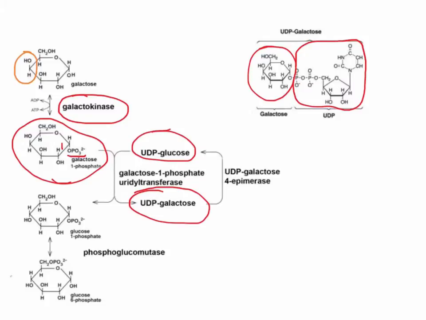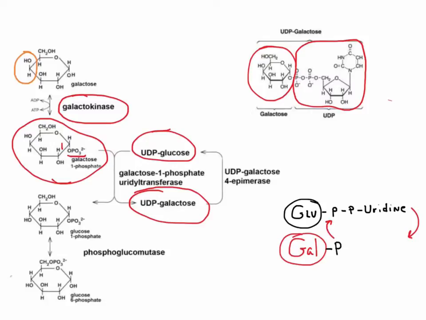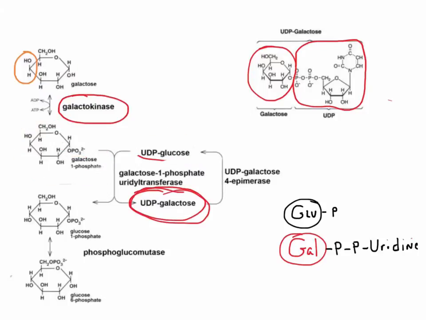So here we can see that the uridyl transferase just exchanges the uridine diphosphate of UDP glucose with the phosphate of galactose 1-phosphate. And this gives glucose 1-phosphate and UDP galactose. Now that we have UDP galactose, we can epimerize the galactose moiety to make glucose.